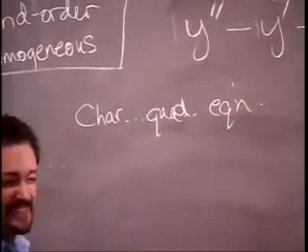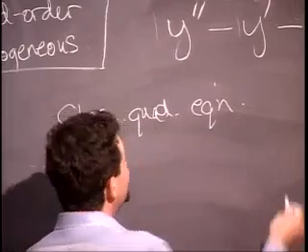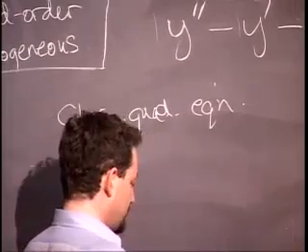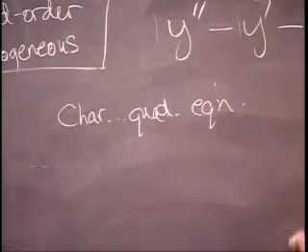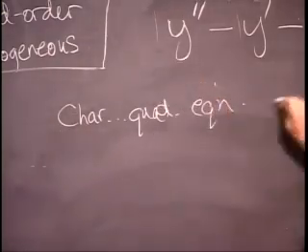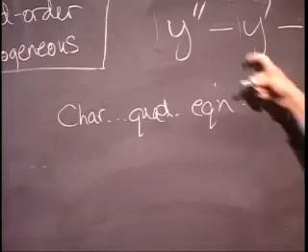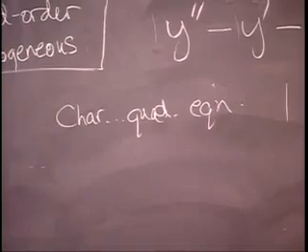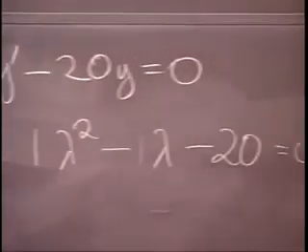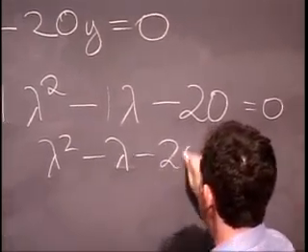It's a weird thing to do, but I don't remember which variable I used for this in my book. I'm going to use a lambda, just to be difficult. I take the coefficient 1, and I write 1 lambda squared. I take the coefficient minus 1, I write minus 1 lambda, and then I take the coefficient minus 20, and I write minus 20 equals 0. Or just regularly, lambda squared minus lambda minus 20 equals 0.